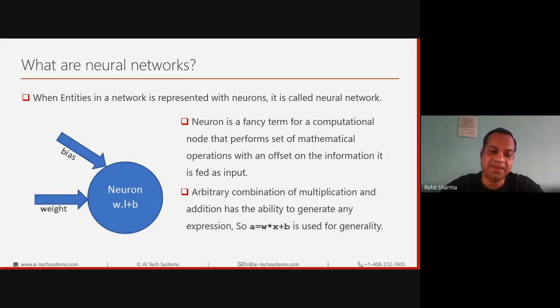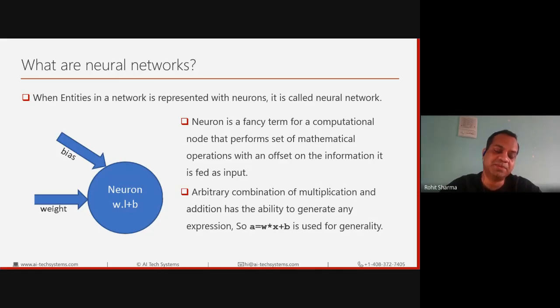So W times X plus B is essentially a universal function. And it can be shown that with the simple W times X plus B, which is essentially a general element matrix multiplier, and with the help of an activation function, it can approximate any arbitrary function, and that's all you need.